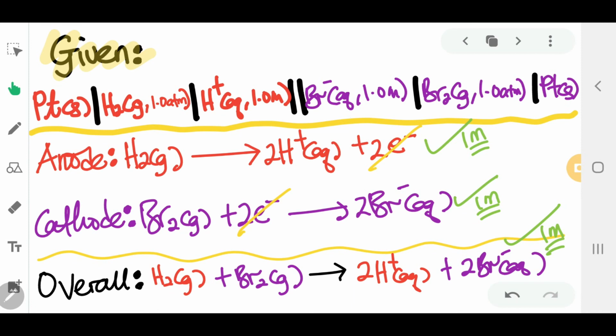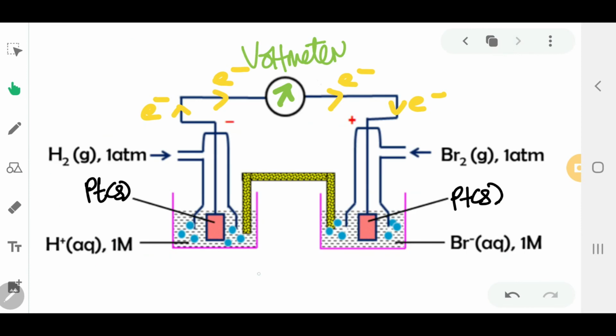If you want to draw this diagram, it's going to be slightly different from what you have drawn before. So if you want to draw the diagram for the galvanic cell involving gaseous species, you're going to draw it in this form. Okay, so you have this glass vessel over here, and you're going to start pumping the gas inside.